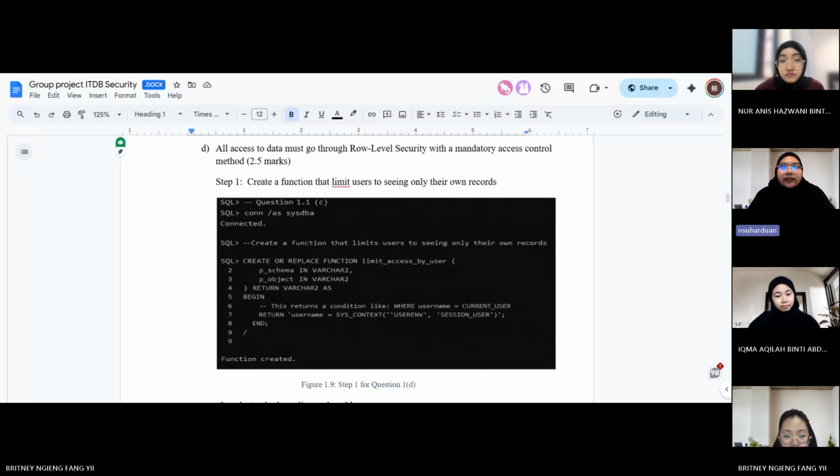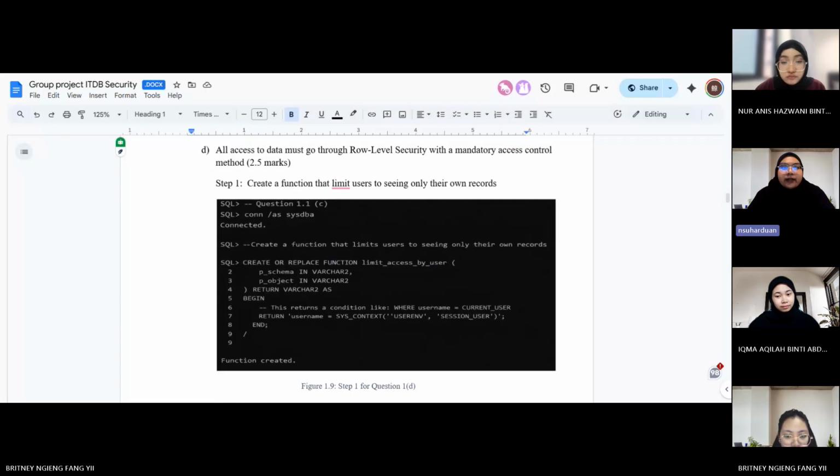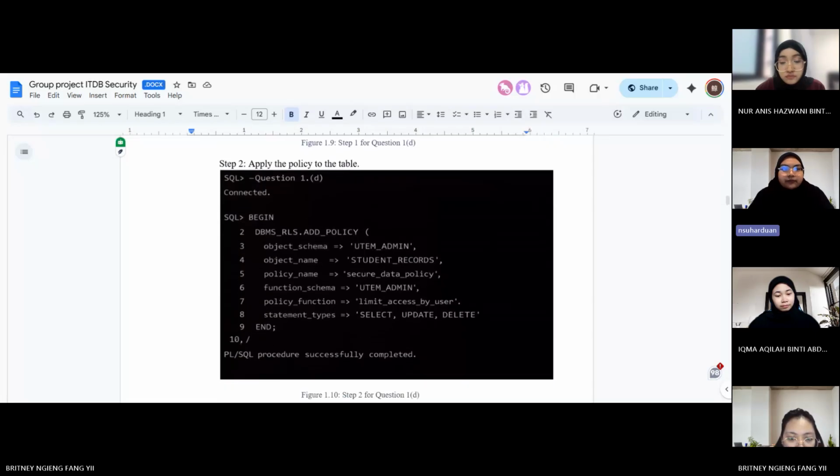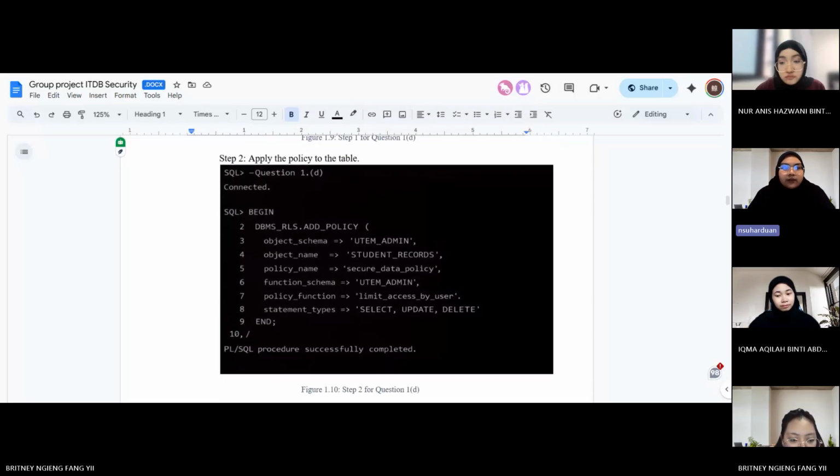If the user is user 1 and it is outside the permitted hours, it triggers a raise application error. Next. This code defines the rule of how many times a user can fail their login before being locked out.